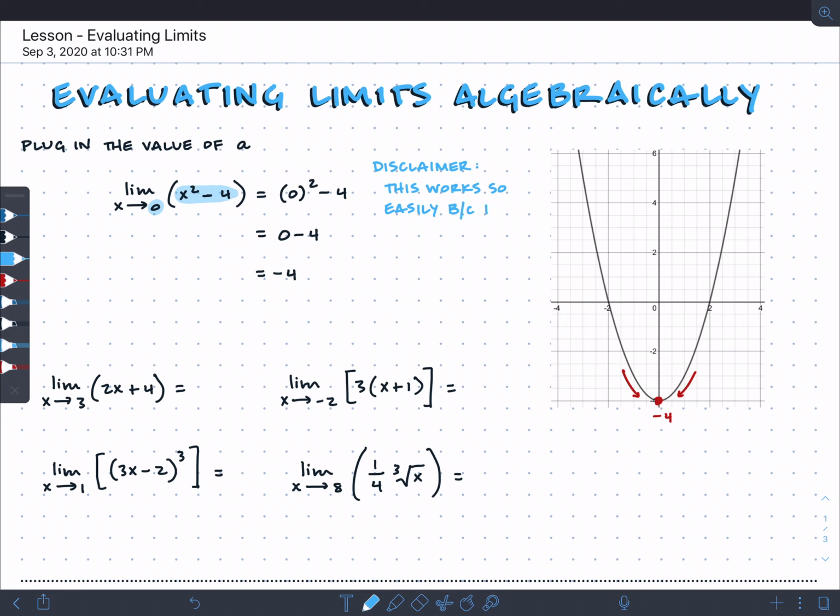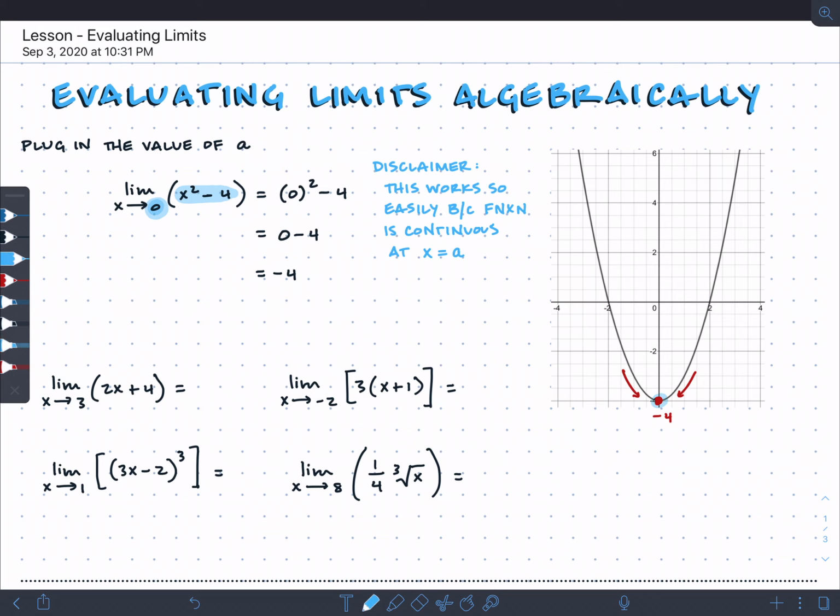Because the function is continuous, and specifically, it's continuous at that value x equals a. So in this case, a was 0. Since the function is continuous at 0, we can just plug that in.